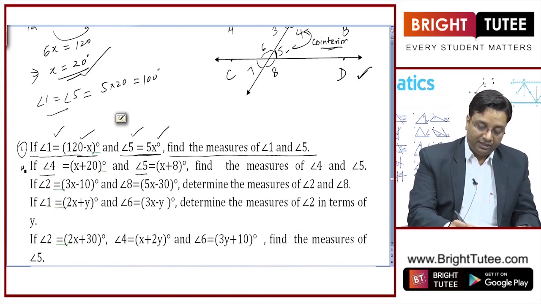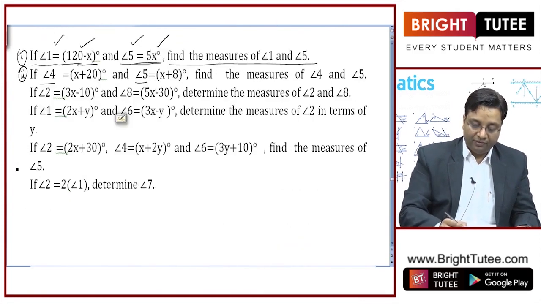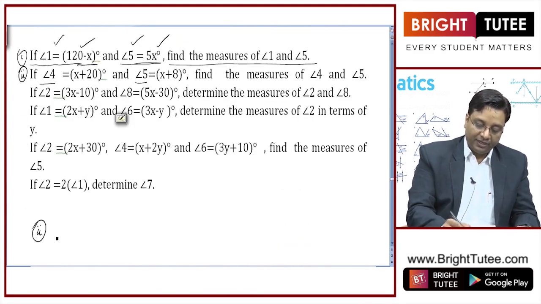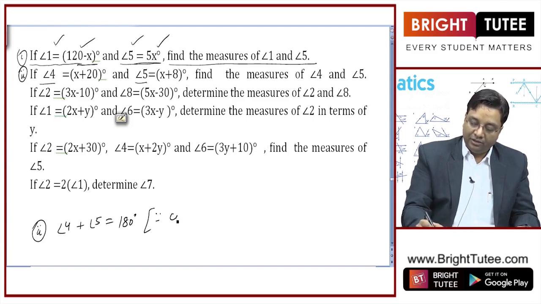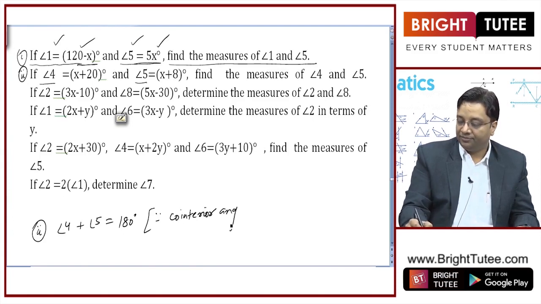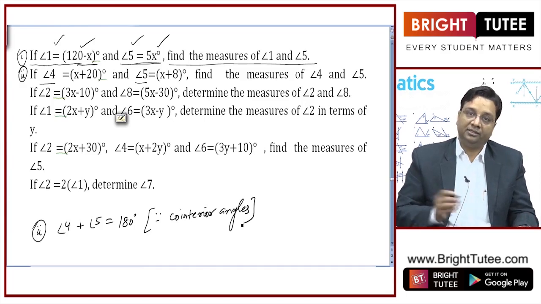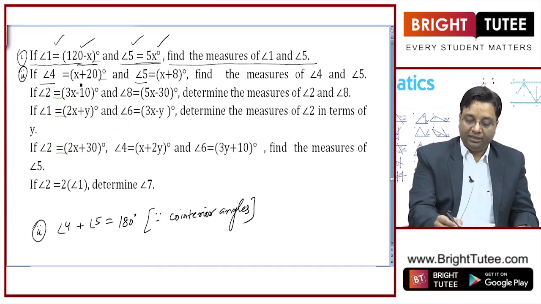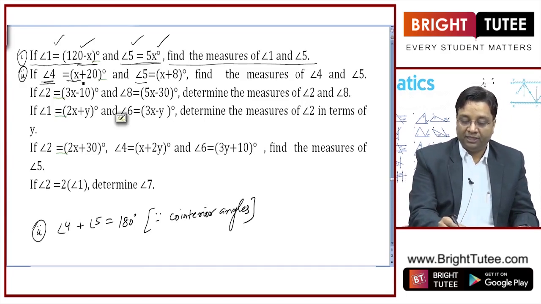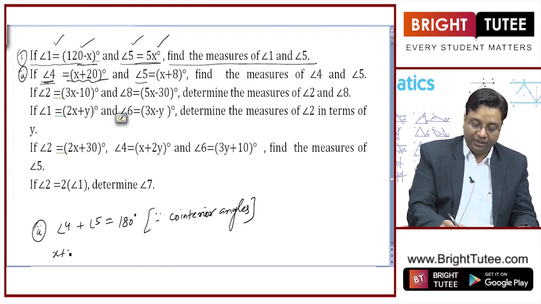So, to solve this second part, what I can write here is angle 4 plus angle 5 is equal to 180 degrees because they are co-interior angles, hence supplementary. Let us put the value of angle 4 in terms of x. It is x plus 20.